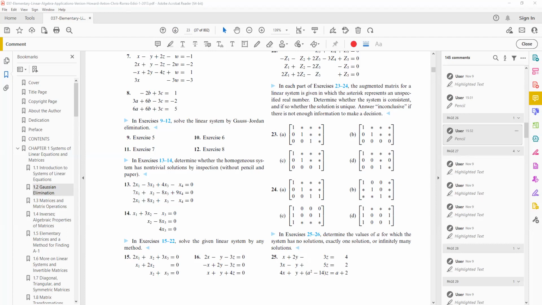I need to change the screen again. Oh, where are we? The thing is paused.